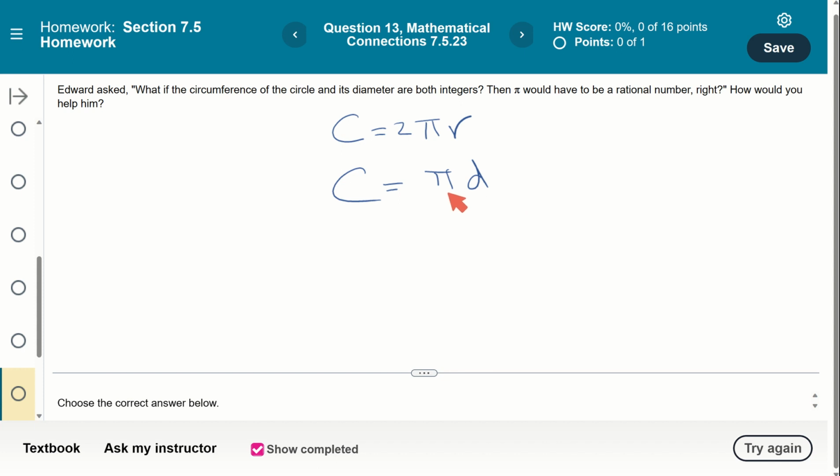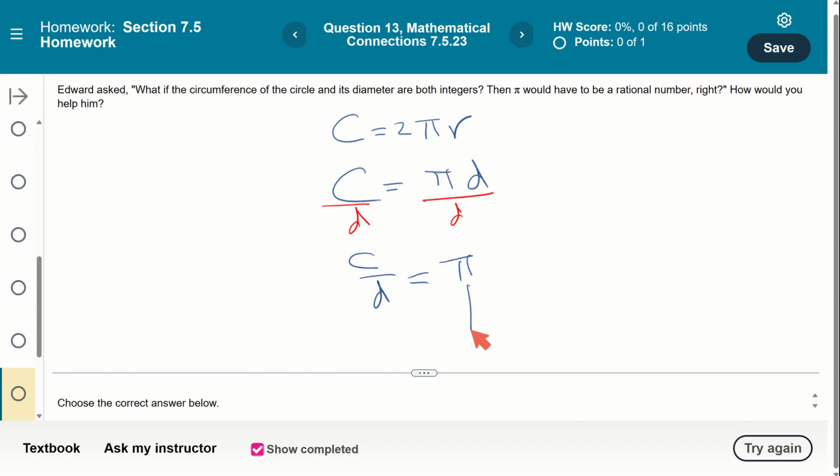It's better to solve for pi now because the problem is dealing with diameter, not with radius. So let's go ahead and divide both sides by d. So we would end up with pi equals c over d.